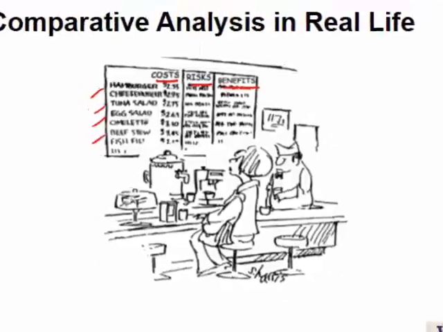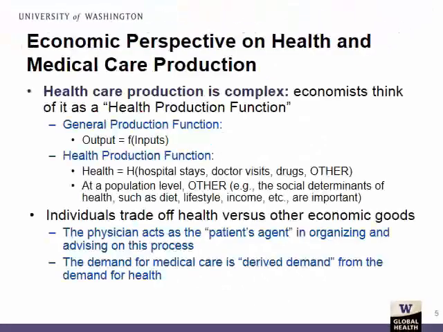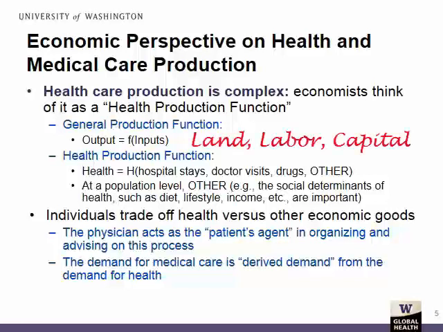Now let's look also at the economic perspective on health and medical care. You can look at health care as a production function, and in general in economics, output is a factor of different inputs, and these inputs are factors of production. Maybe you have things like land and labor and the many things that capital can buy.